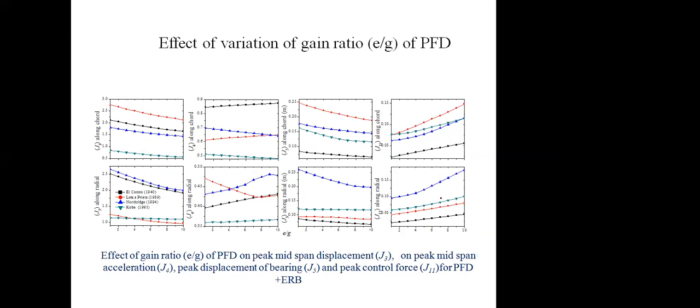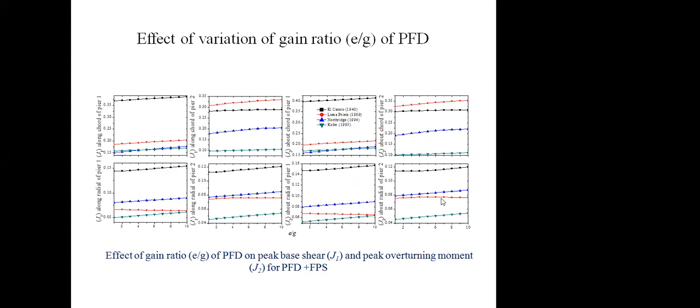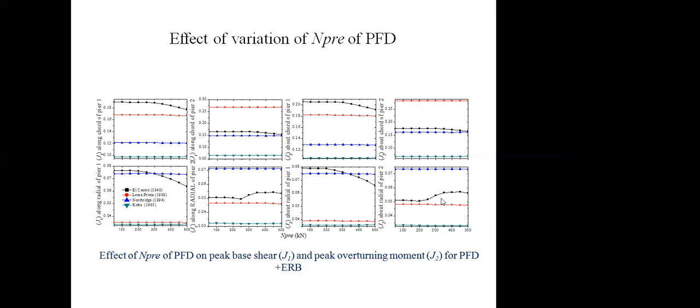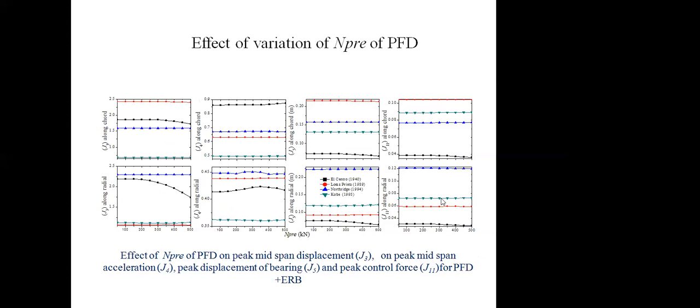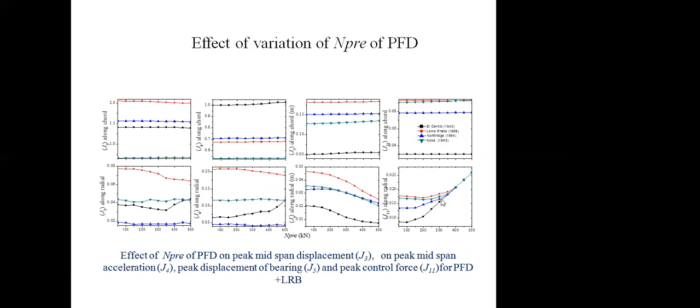And the last one is the coefficient of N pre, the initial normal reaction. There is no general effect of N pre, because it depends on the structure and how it behaves, but it is one of the optimum values for my structure.